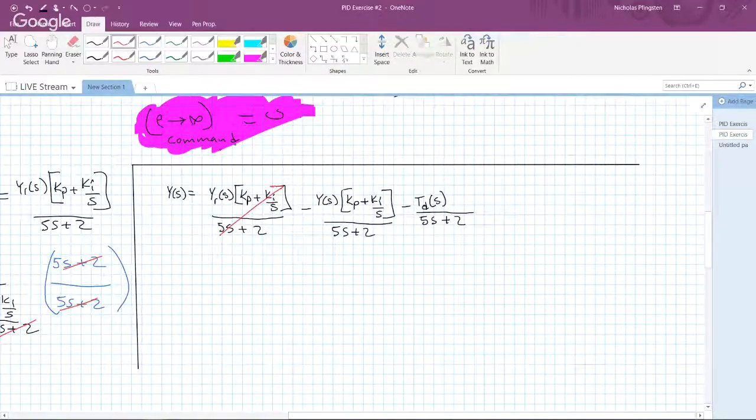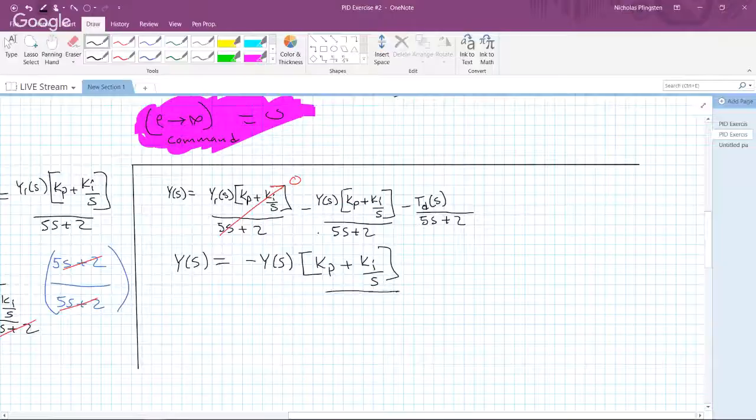So this is gone, it goes away. So now this just becomes Y of s equals minus capital Y of s multiplied by kp plus ki over s, all over 5s plus 2, minus Td of s all over 5s plus 2.